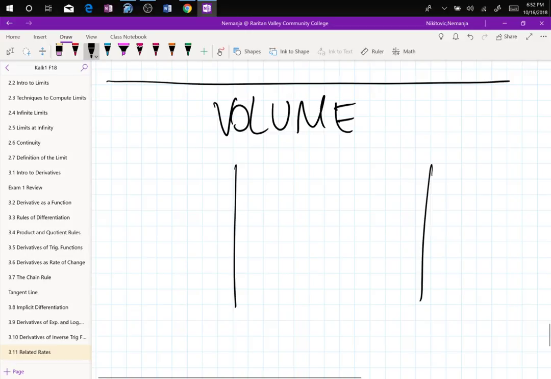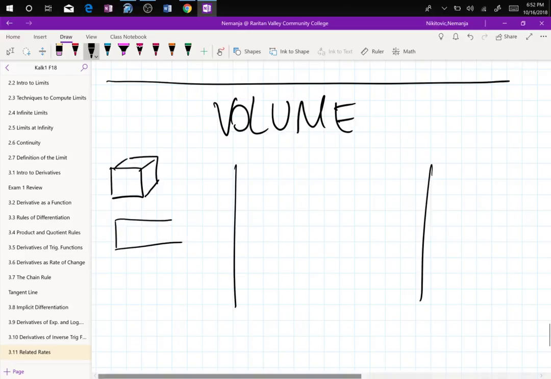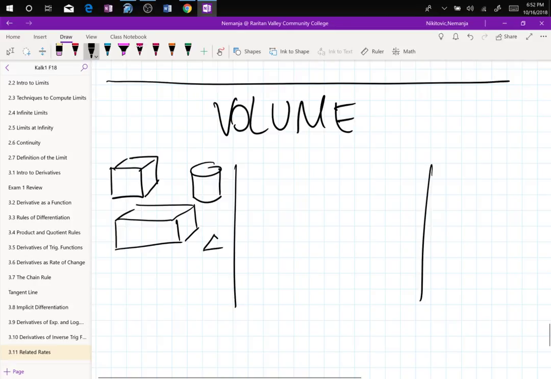The first category is going to be prisms. So we have a cube and a box, a rectangle, and the cylinder. So they're all in here. Maybe you have a triangular one, that's fine as well. Whatever is like that.